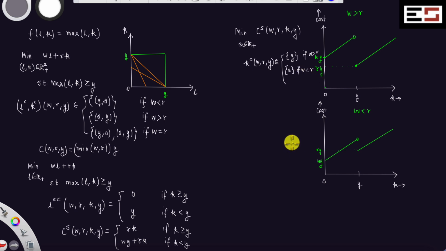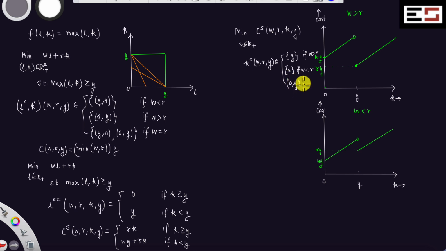Okay, and the last possibility is if w is equal to r, and clearly in that case it's just going to take the smallest possible value at two points. One is 0 and the other is y. Okay, so just do that yourself.